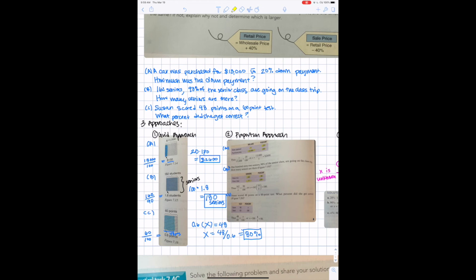So you'll notice that my proportion changes. It's not x over 162 equal to 90 over 100. Instead, it's 162 over x equal to 90 over 100. Notice the difference between how I set up my proportions based on what my unknown is referring to here. And then, of course, it means I'll solve slightly differently.